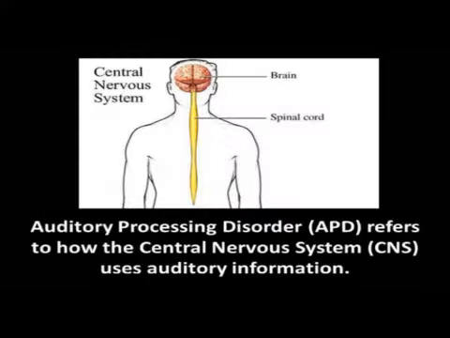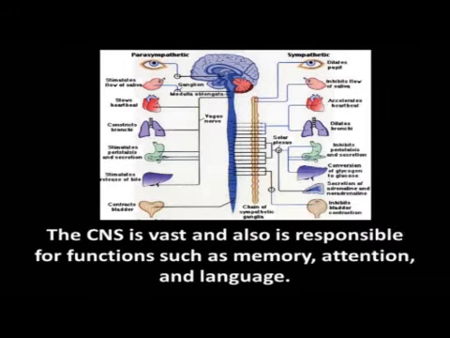Auditory processing disorder (APD) refers to how the central nervous system uses auditory information. However, the CNS is vast and also is responsible for functions such as memory, attention, and language, among others.